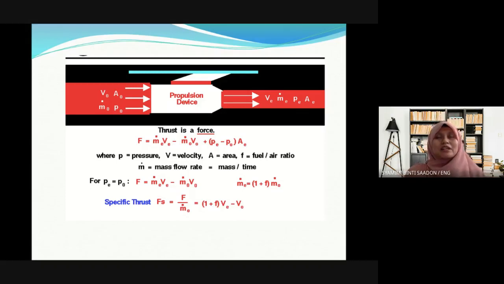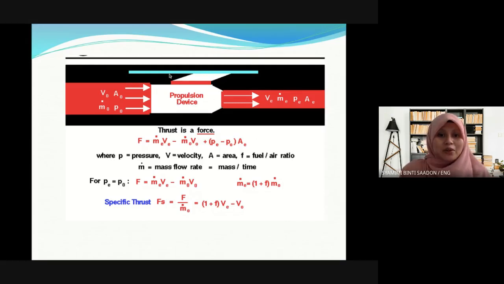Newton's second law says the sum of the force equals ma, or the sum of the force equals mass flow rate times velocity, either one. Knowing this fundamental theory, we apply that definition to this closed system.